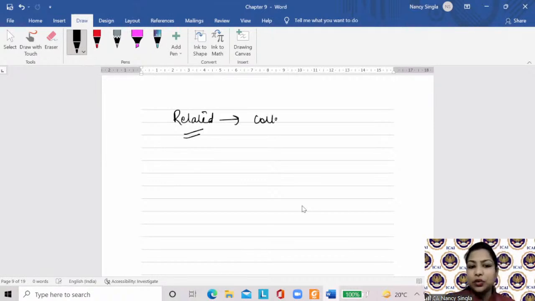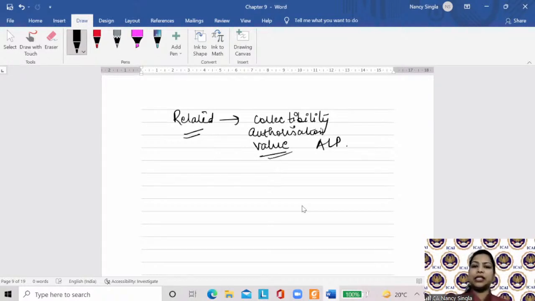But with respect to a related party, the collectibility, whether it is realizable or not, authorization, whether it was authorized or not, and value, whether it is at arm's length price. What is arm's length price? The price at which the goods are being sold to any unrelated party.